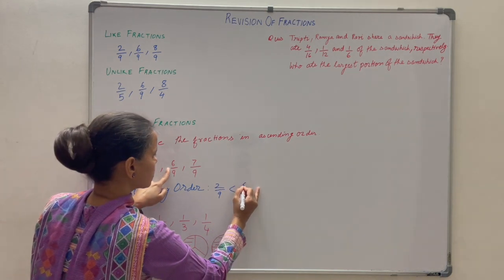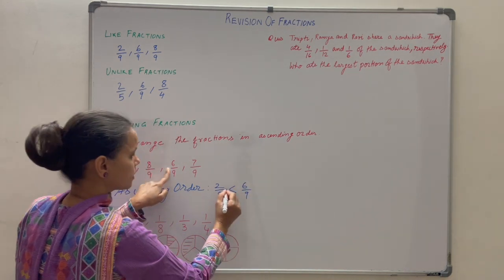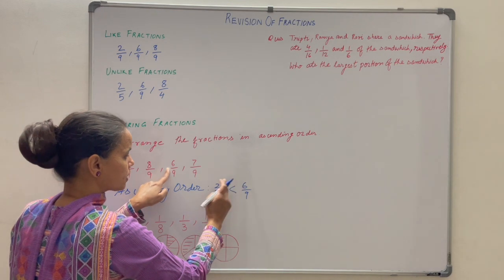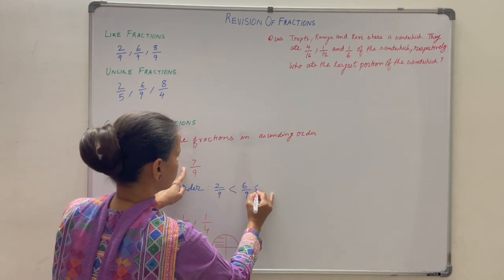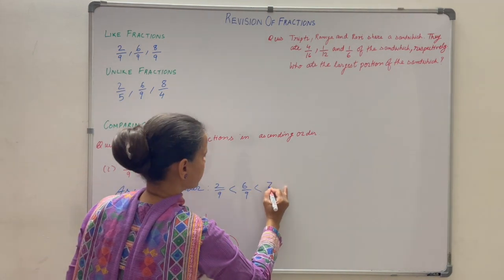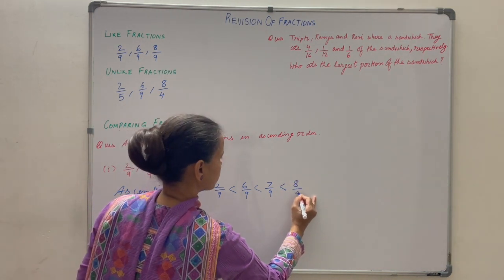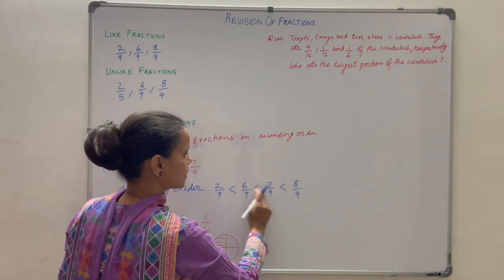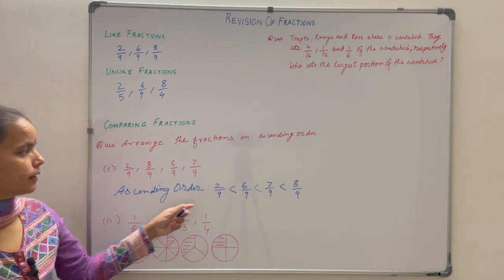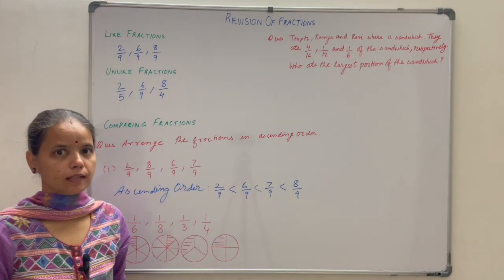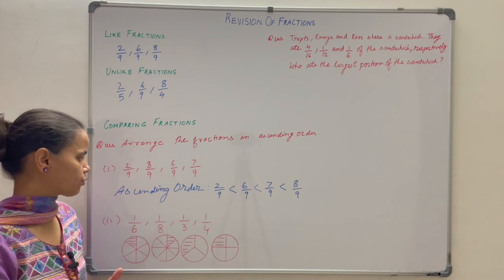Then 6 by 9 is greater than 2 by 9 because numerator 6 is greater than 2. Then 7 by 9. Then 8 by 9 because 8 is the greatest number here. So like this we arrange like fractions in ascending order.